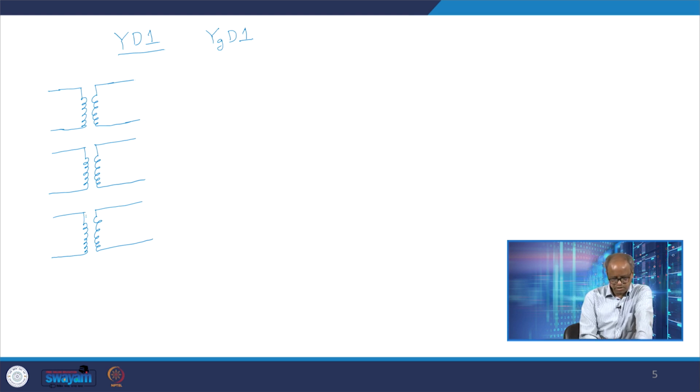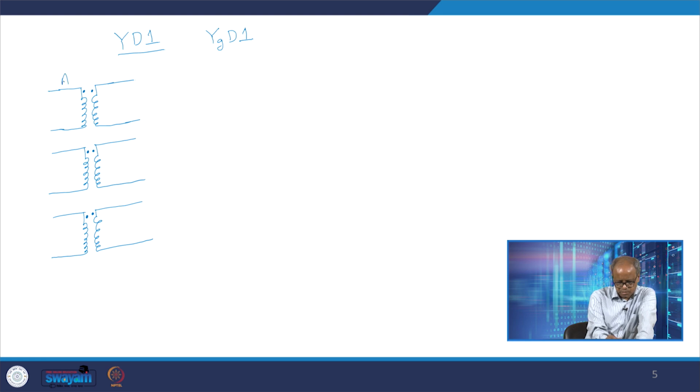We have taken 3 transformers, their windings, and we mark the dots. The process is always the same. I am repeating it again and again just to emphasize that there is no change in the basic process. If we understand the basic process, it should be very easy.